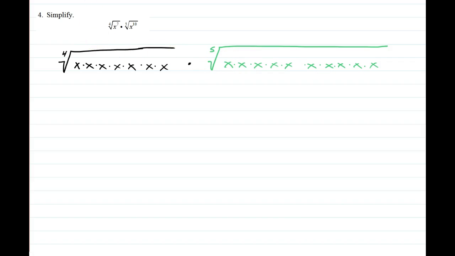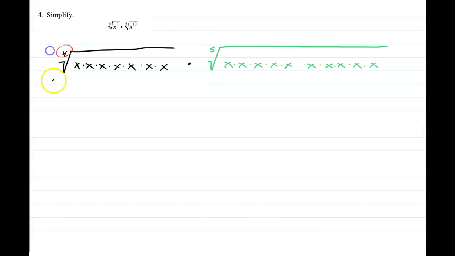Okay, so just double check to make sure I have the correct number of x's. So I should have 7 here. 1, 2, 3, 4, 5, 6, 7. And I should have 10 here. 1, 2, 3, 4, 5, 6, 7, 8, 9, 10.